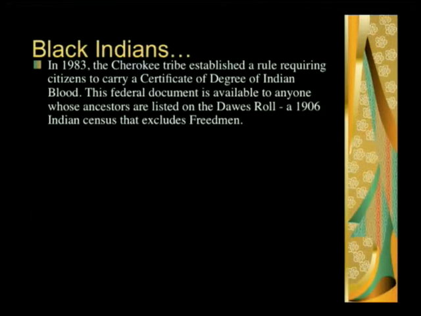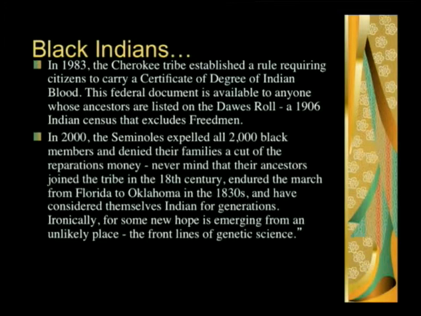In '83, the Cherokee tribe established a rule requiring citizens to carry a certificate of the degree of Indian blood, a federal document available to anyone whose ancestors are listed on the Dawes Rolls, a 1906 Indian census that excludes freedmen.